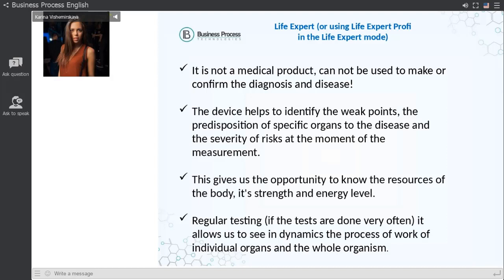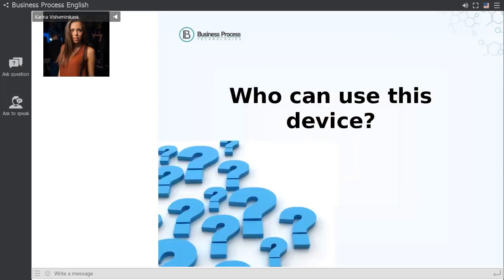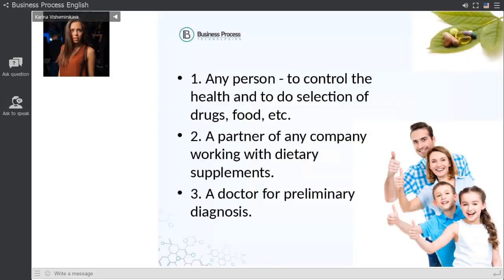Some more interesting information. Who can use this device, Life Expert or Life Expert Profi in the Life Expert mode? Any person to control their health and to do the selection of drugs, foods, cosmetics, for example.